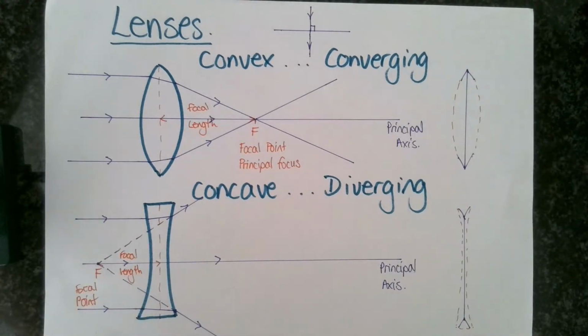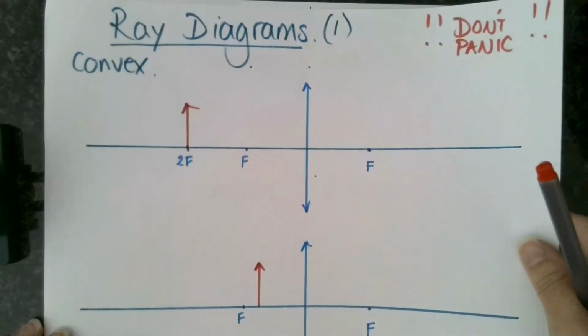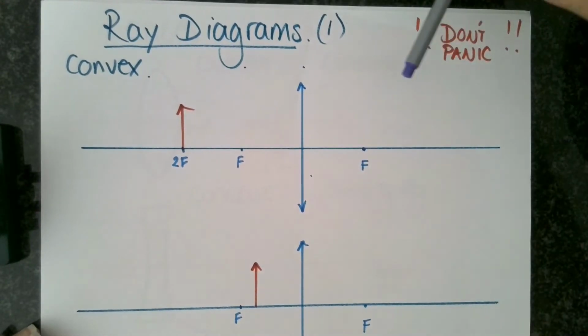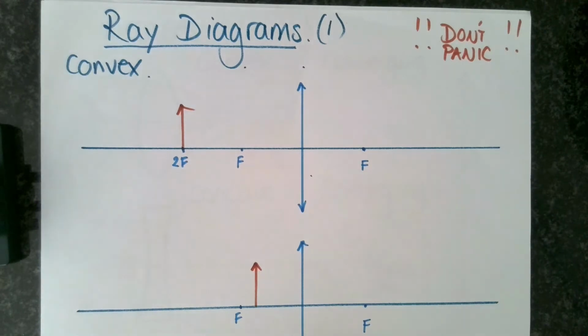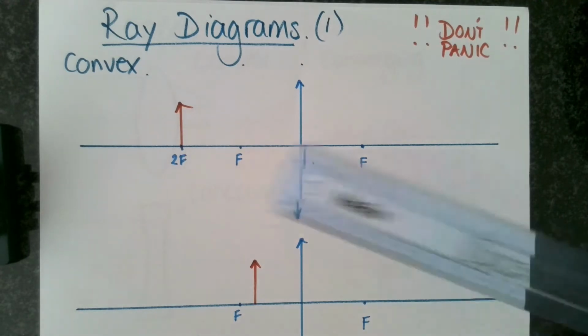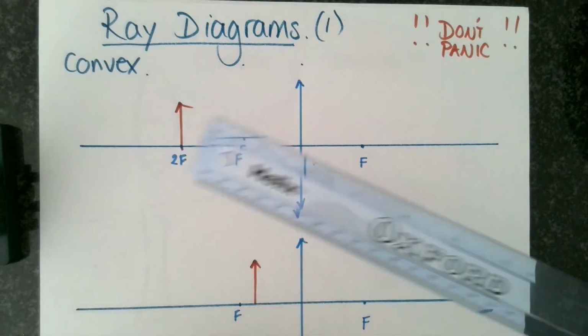Now, ray diagrams, and I've written don't panic, because I don't know whether it's the same where you go to school, but whenever I teach this, everyone goes, oh, I can't do this, it's too difficult. It really isn't. You just need to not panic, and then there's two, maybe three things to remember, apart from the fact that you need a ruler and a sharp pencil.